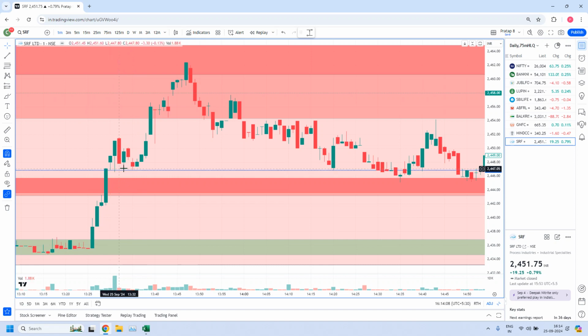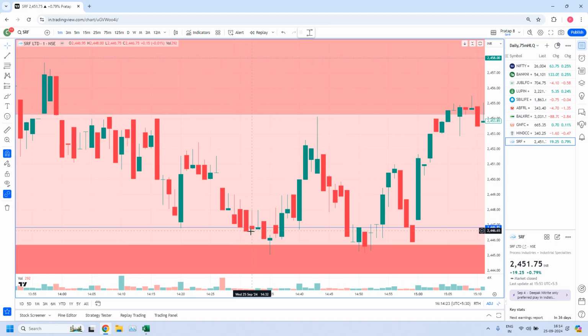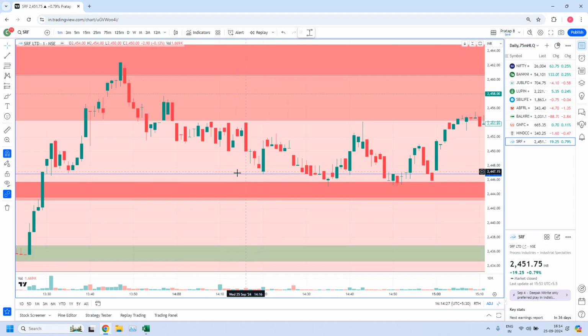We can assume by seeing this support that somewhere here institutional order flow is very strong. See here, from here there are rejections, again rejection, moved up. From here again reached and moved up. And again slightly came below this, again moved up. That means near this blue color line, that order flow is there.